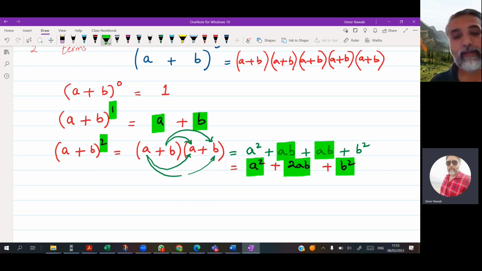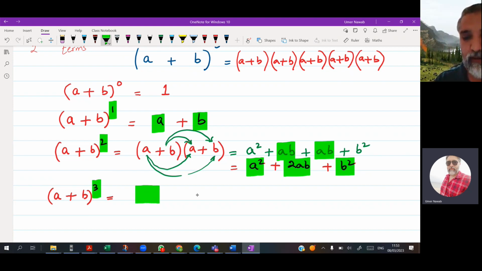So can you make a guess if I write (a + b) whole power 3? No, we can't. But maybe you can make a conjecture that if I have the power 3, I will get 4 terms. This is just my guess on the basis of the expansions I have seen before.